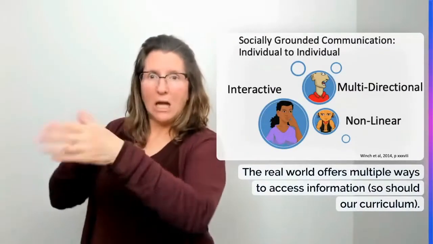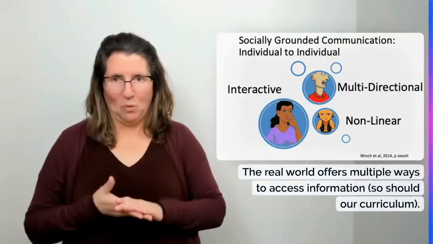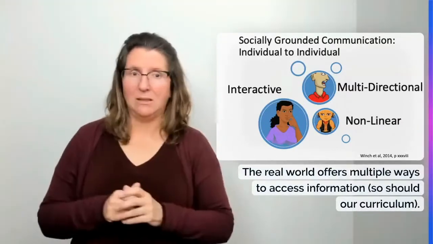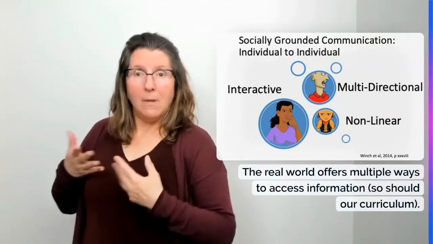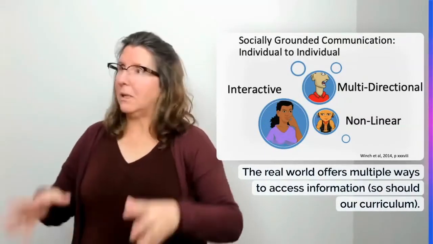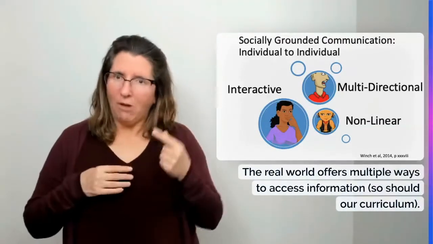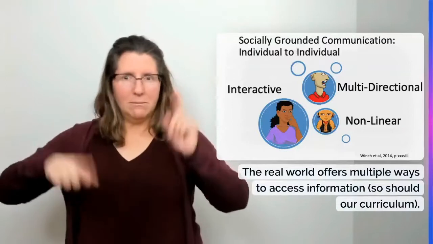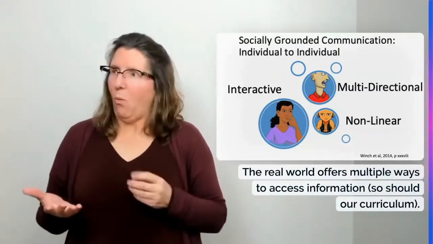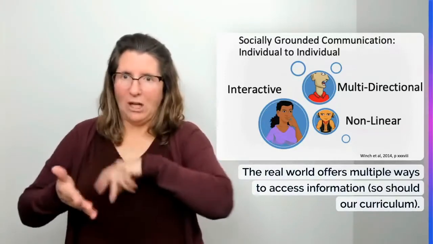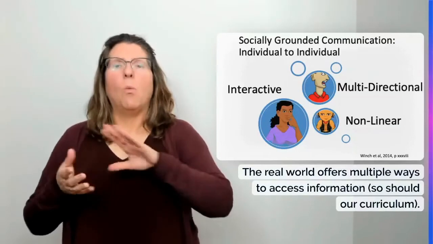The world outside of school is not the same as the world inside of school in many aspects. In the real world, it is totally acceptable to communicate and access information through texting, Facebook, Instagram, and many other forms of communication. But in school, we prioritize reading and writing almost exclusively as the primary means of communication.